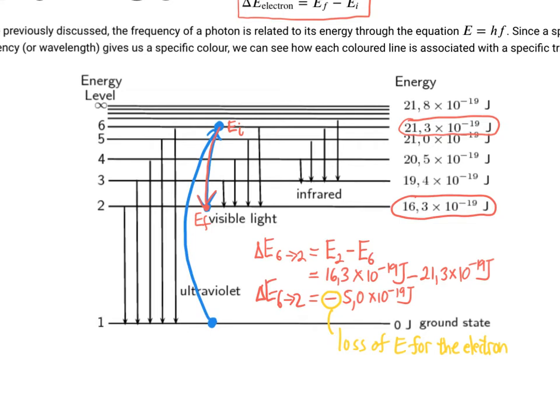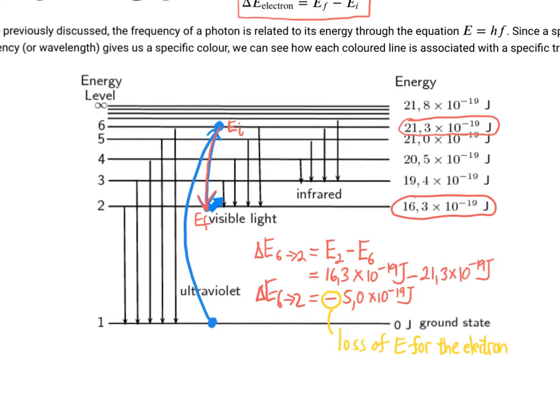So now we can account for that energy, but how do we account for the loss of the energy by the electron in dropping from energy level 6 to energy level 2? Well, that's where the photon of light comes in.